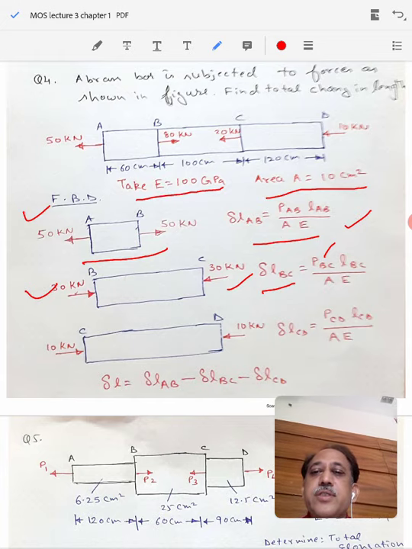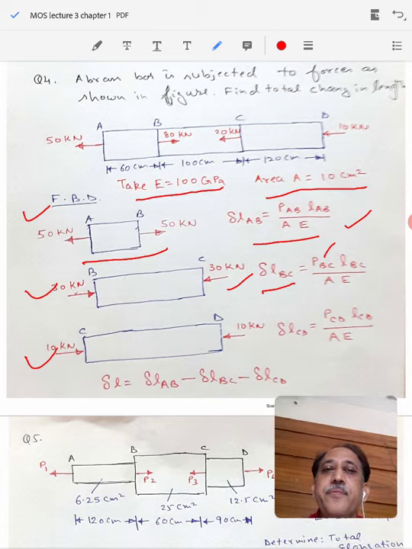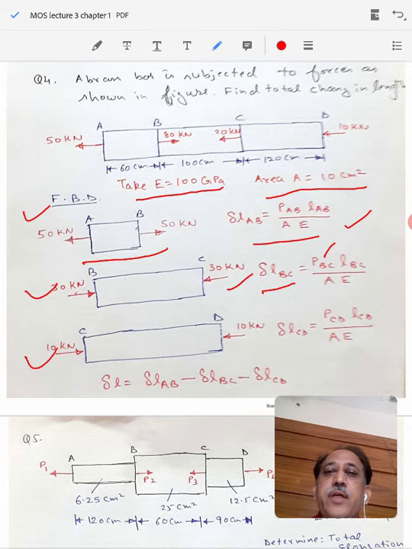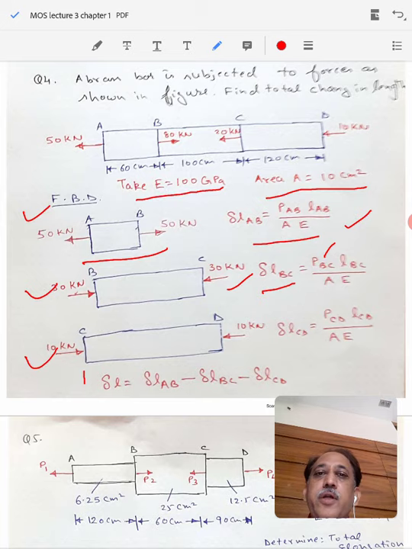Now we come to the section CD. The section CD is experiencing 10 kilonewton force on the right hand side, which is acting towards the left, and similarly the net force acting on the left part at point C will also be 10 kilonewton.